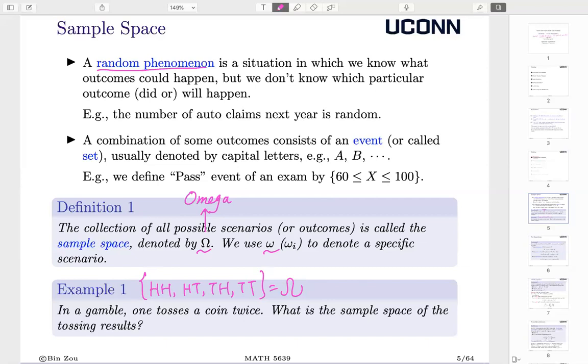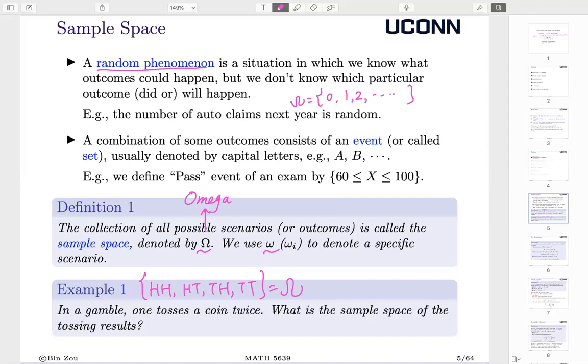And of course, you can think of many cases. Like for this example, your sample space could be 0, which means nothing happens, can be 1 claim, can be 2 claims, all the way to infinity. Sometimes you can cap this at a certain number.